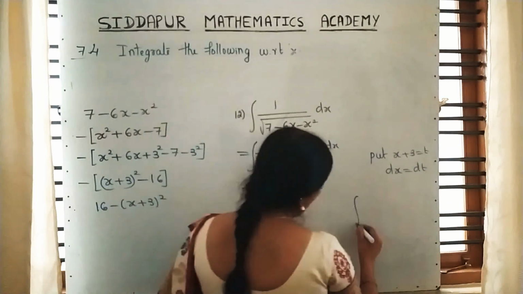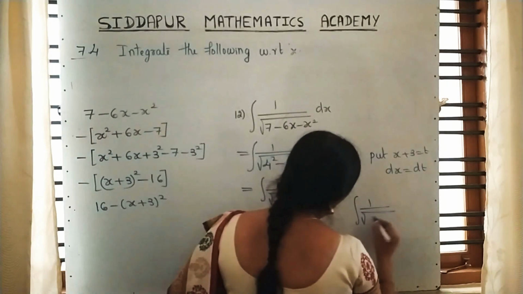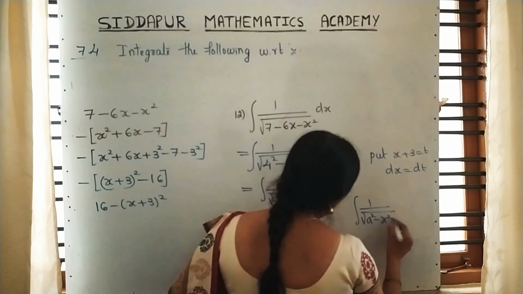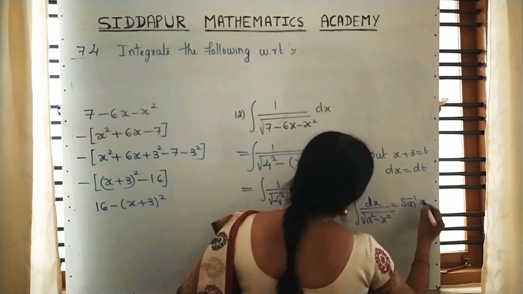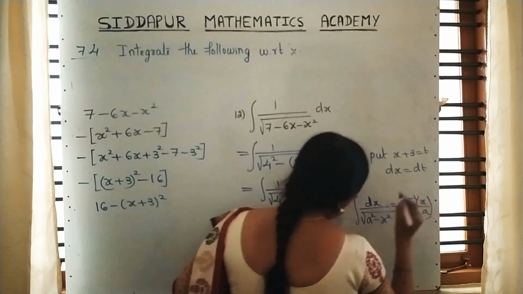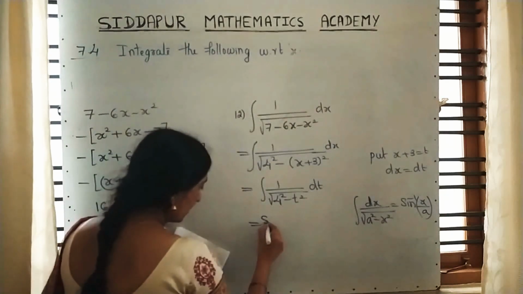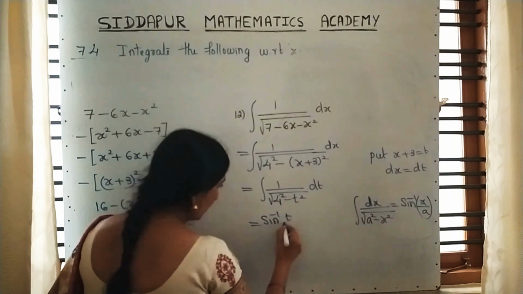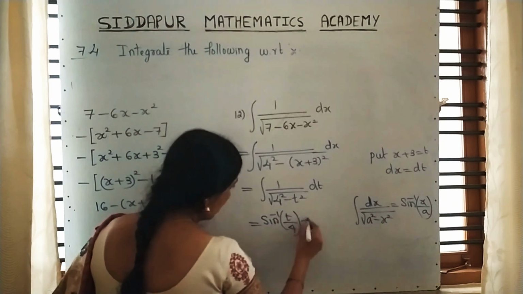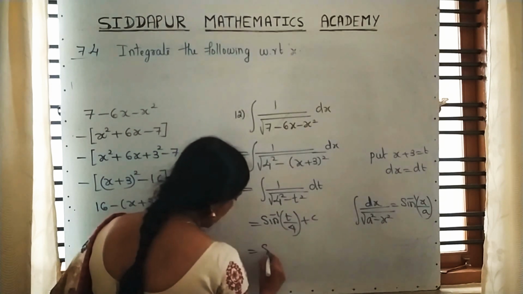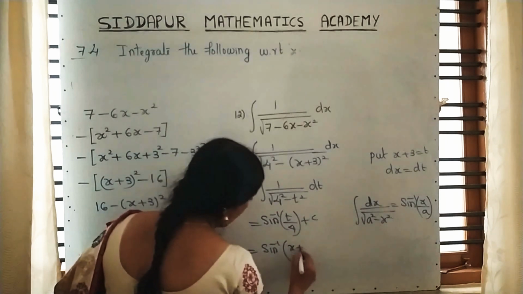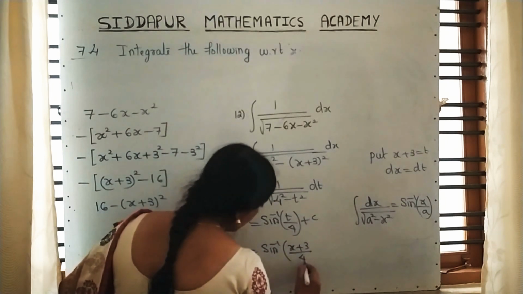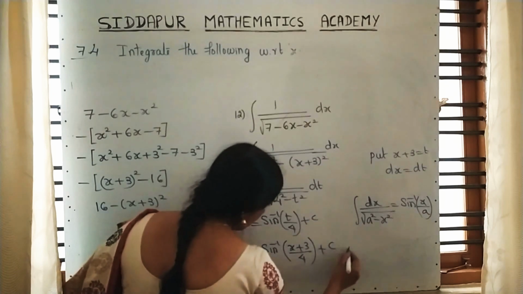It is in the form of 1 upon root of a square minus x square. That is nothing but sine inverse of x upon a. Sine inverse of t by 4 plus c. Write down the t value. Sine inverse, t is what? x plus 3 divided by 4 plus c.